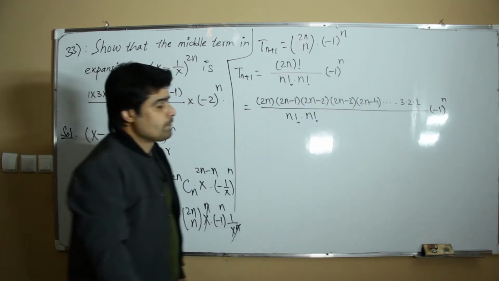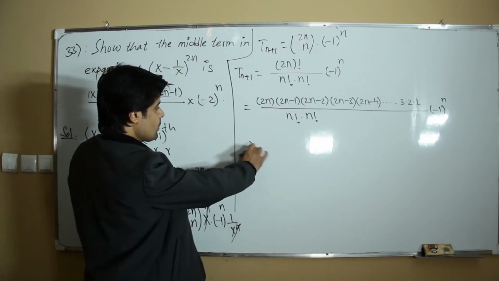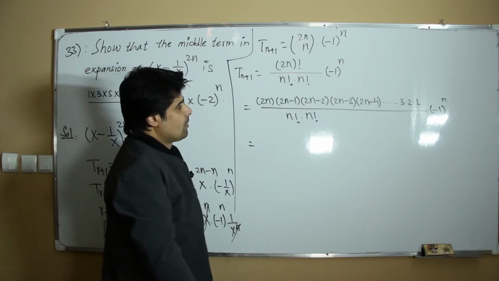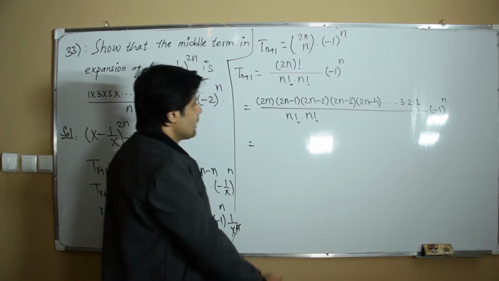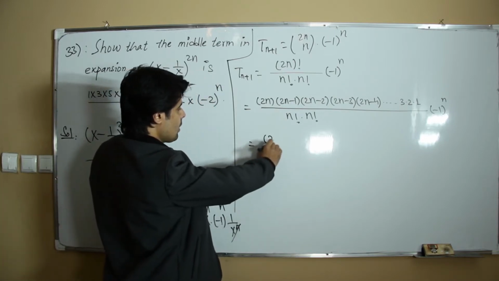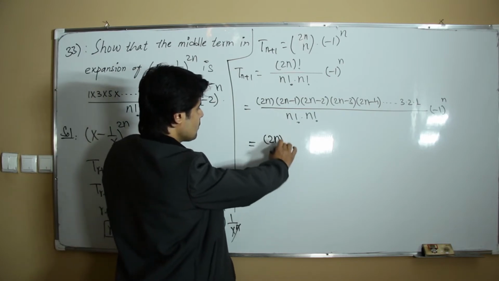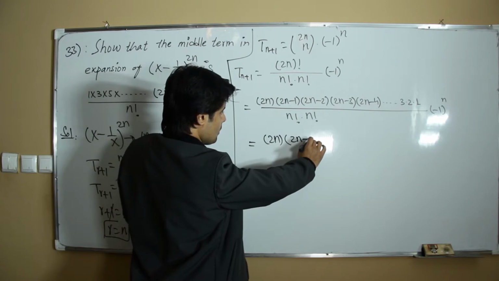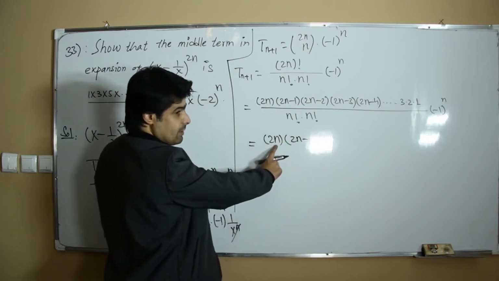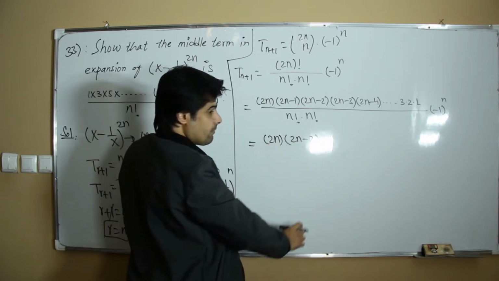Now if we separate the terms into even and odd terms, 2n is an even term, and 2n minus 2 is also even. Why?